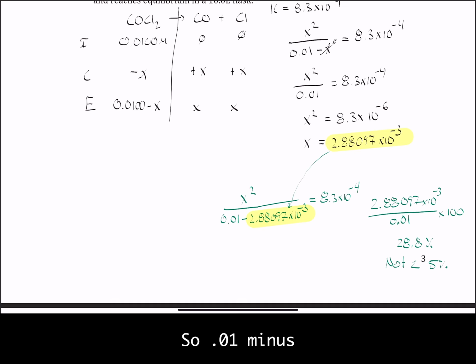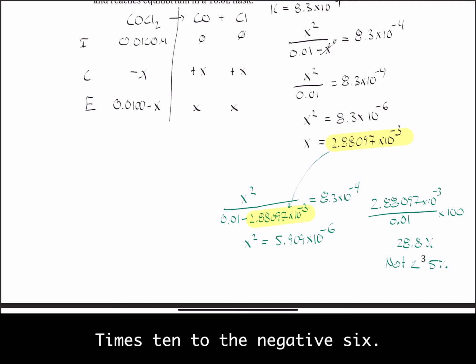So 0.01 minus 2.88097 e to the negative 3 times 8.3 e to the negative 4 is 5.909 times 10 to the negative 6.